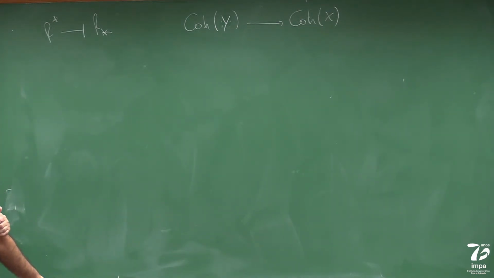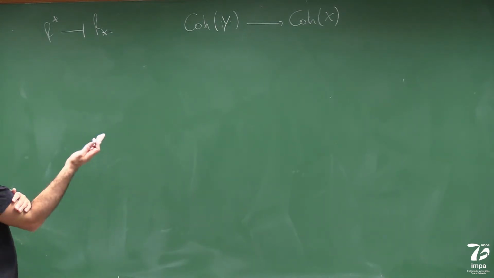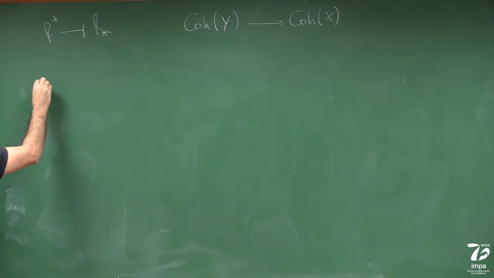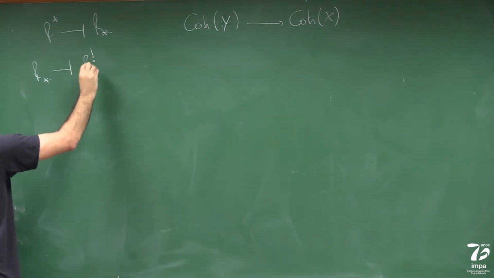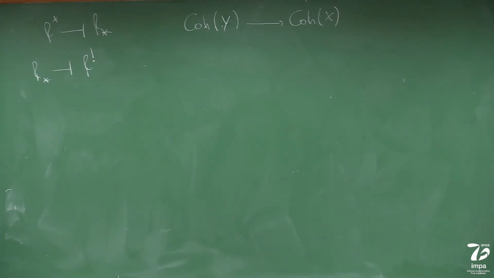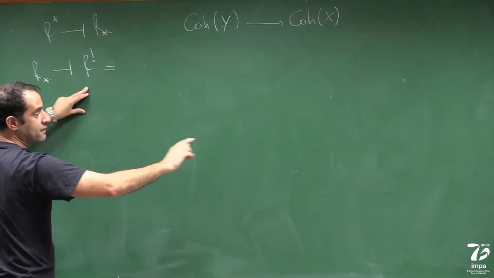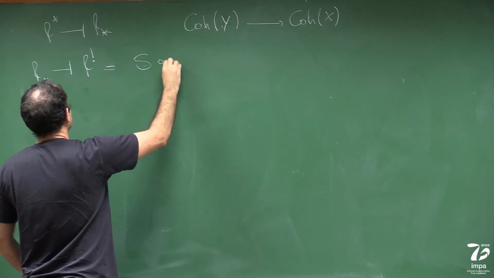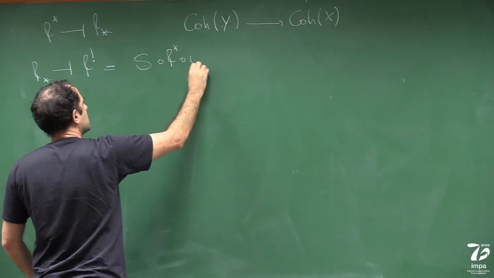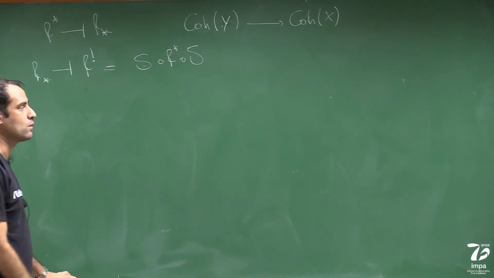Okay, so then this theorem is telling you how to compute that this guy has an adjoint on the other side, which is given by, not by definition, by that theorem, the Serre duality composed with this pullback, composed with the Serre duality, one on X and one on Y.